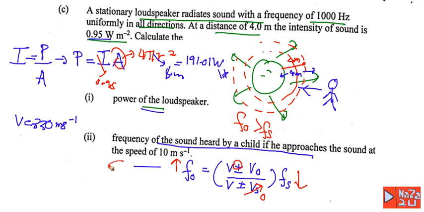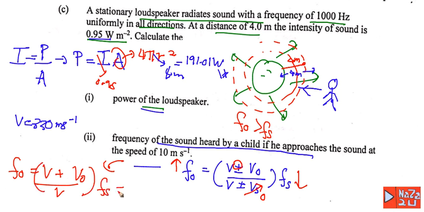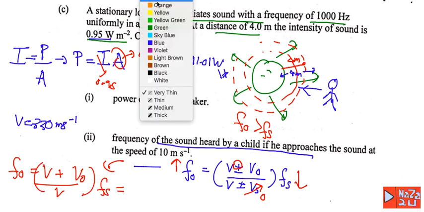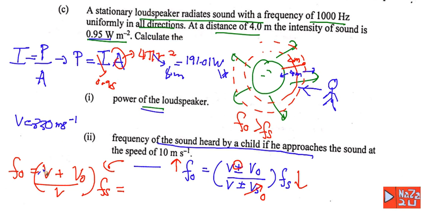So now we have f naught is equal to v plus v naught, because vs is equal to 0, divided by v, times the source frequency, and the speed of sound is 330 constant.